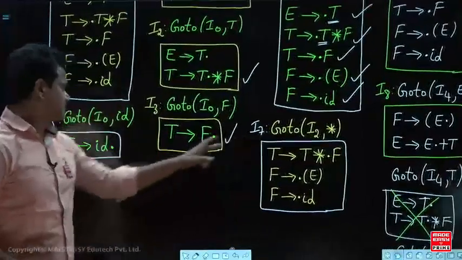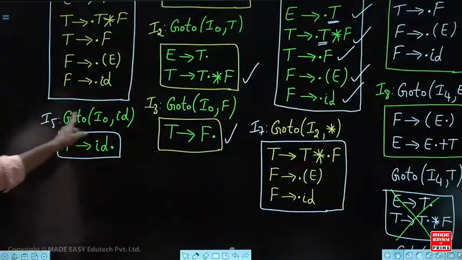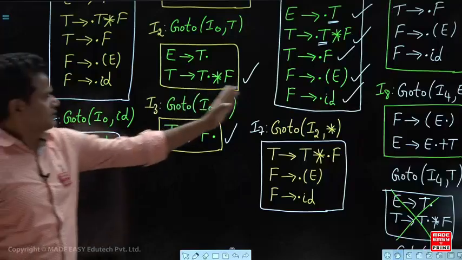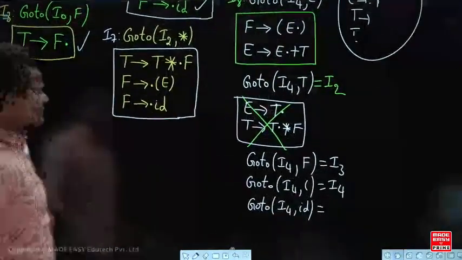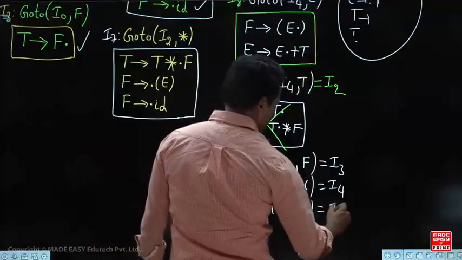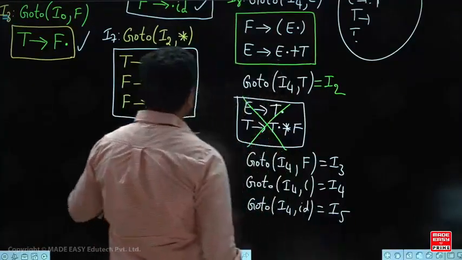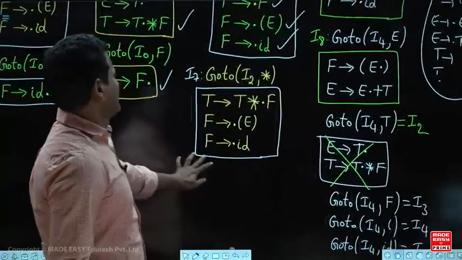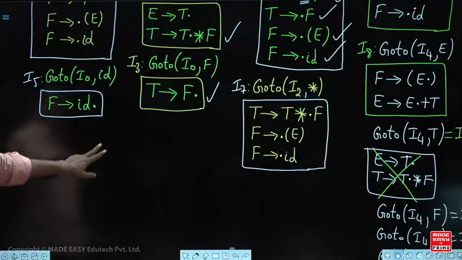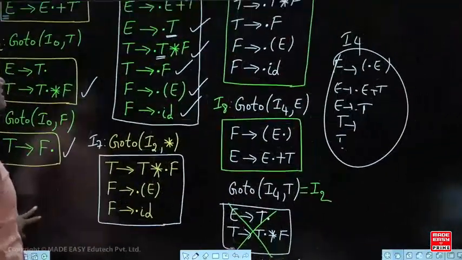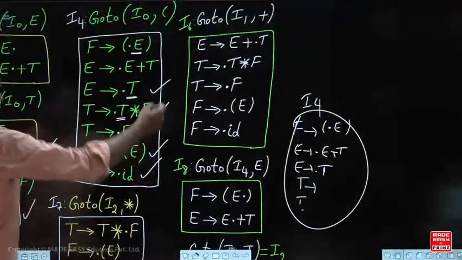F there is ID dot. Okay, the dot will be moved. F there is ID dot, which is I5. So I4 is completed, and after I4, what is this? I5. I5 is also dot after nothing, I5 is completed.